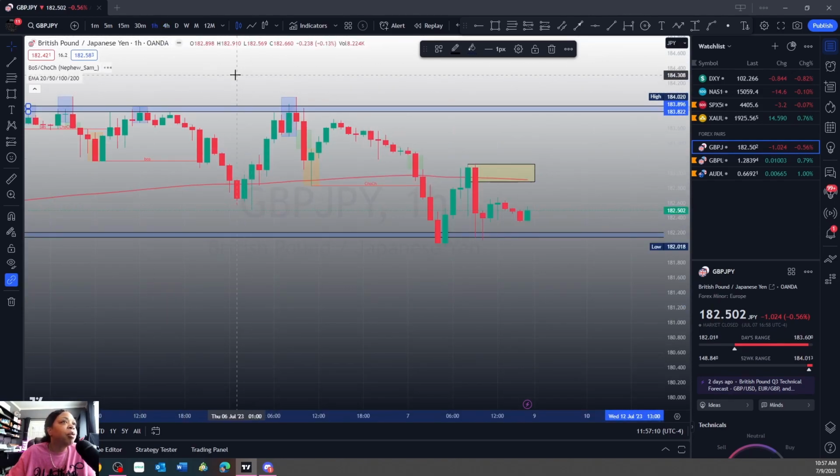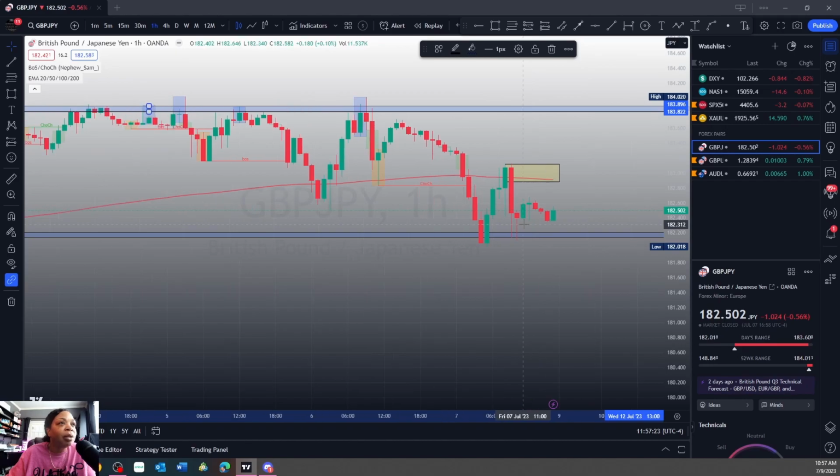Looking down at the lower time frames on the 1-hour, it looks like it did not reach a higher high in the zone, and it kind of broke below the 200 moving average. So let's see if it drops, because I'm looking at these two candlesticks here as well, and it looks like the buyers came into the market, but they weren't able to push it up this last time, and the sellers took over.